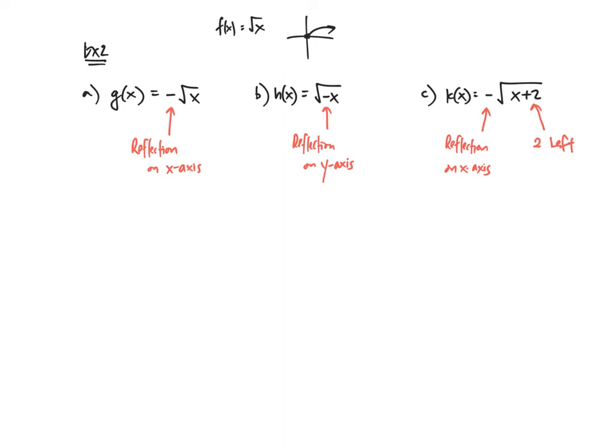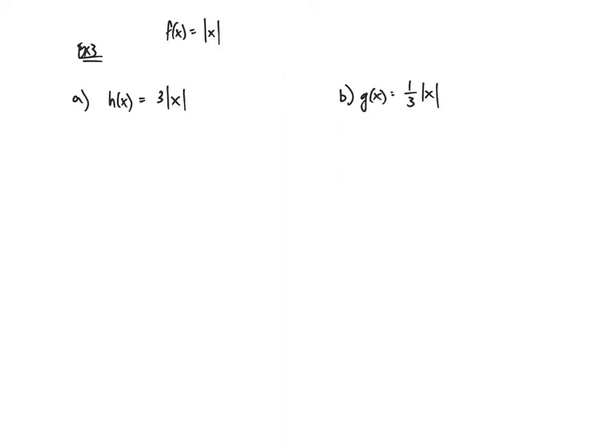All right. So finally, we look at non-rigid transformations. So these are your stretches and your shrinks. We have a basic parent function of absolute value, which hopefully you know is this v, absolute value of x. Okay, so we're looking at a function that has a 3 in front, multiplying. So you're multiplying the function times 3.